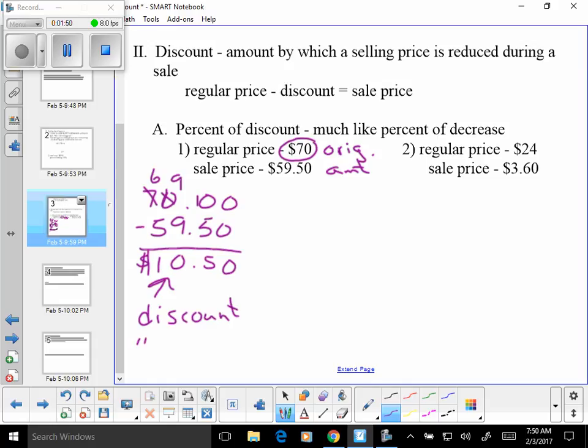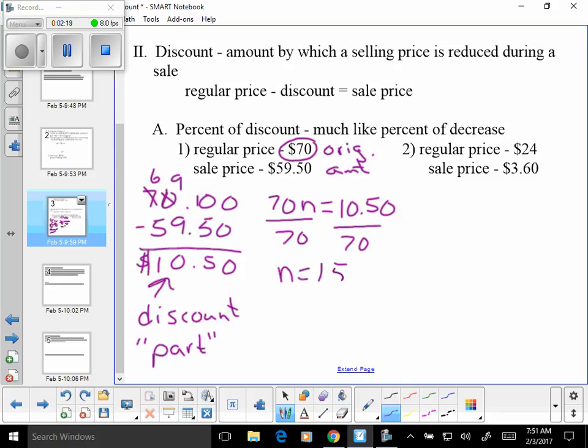Now remember, a discount is a part. To find that percent of discount, I'm going to take my original amount, my original price, my regular price, times the percent I do not know, so I use a variable, and that's going to equal this discount of $10.50. I'm going to divide both sides by 70 since I have a one-step multiplication equation, and in this case it comes out even.